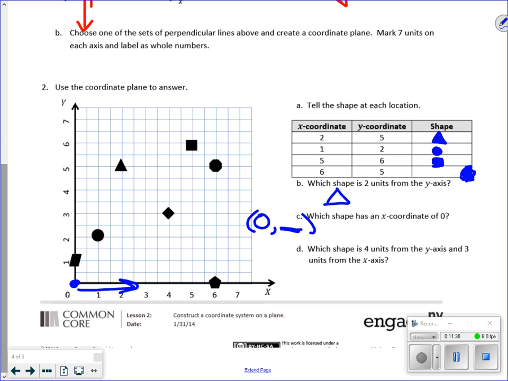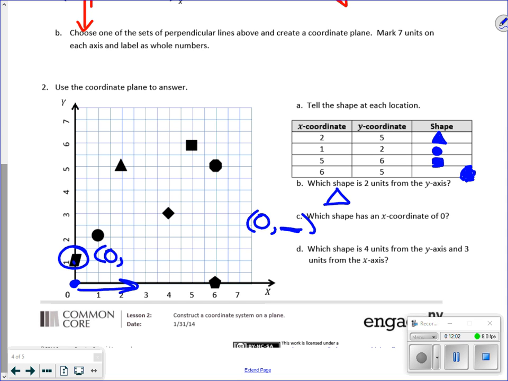So what shape, I think Haley knows, has an X coordinate of 0? It's the one that's right here. That's a trapezoid. That's not a trapezoid, that's a rhombus. I'm not saying trapezoid. That is a rhombus. It's right here.